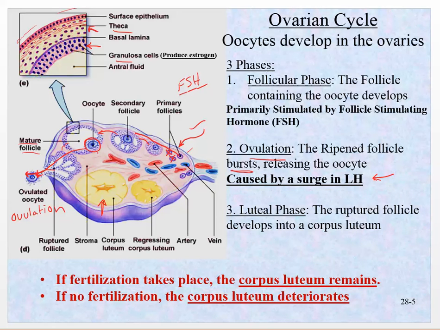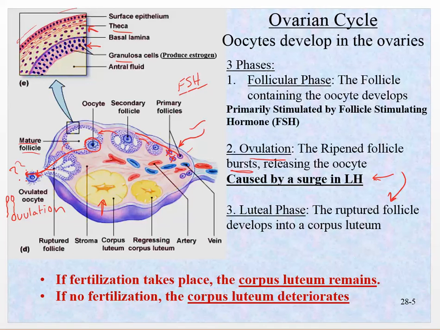It's called luteinizing hormone because now we move on to the third phase, which is the luteal phase. In the luteal phase, there are a couple of things to remember. First of all, we don't know if this oocyte is going to be fertilized. There may be sperm there, there may not.